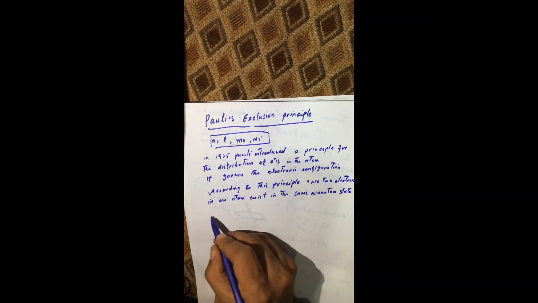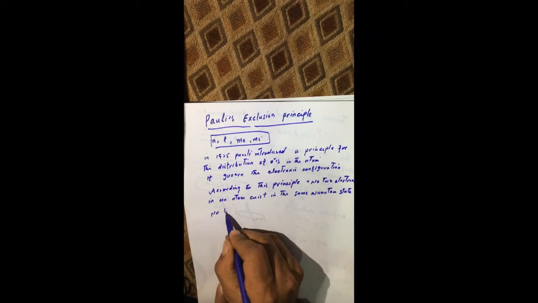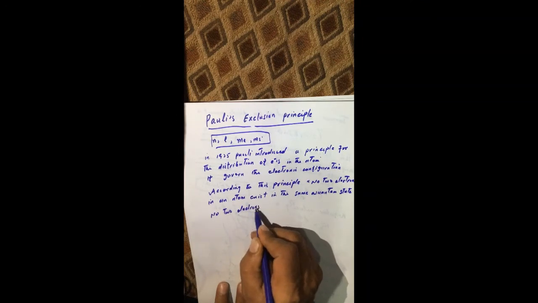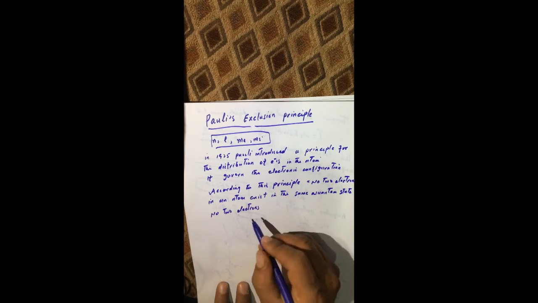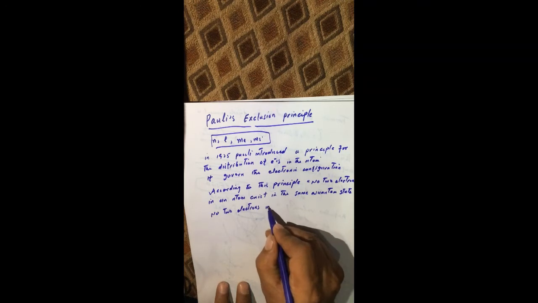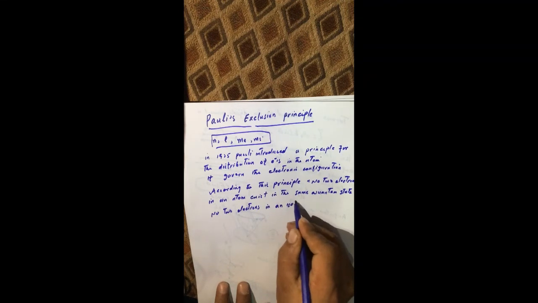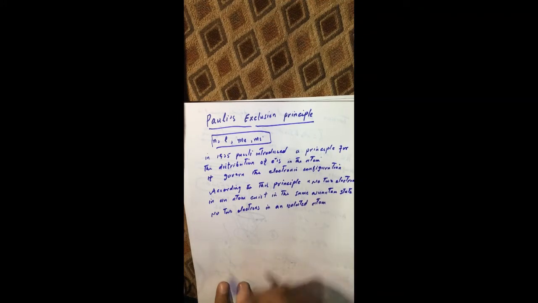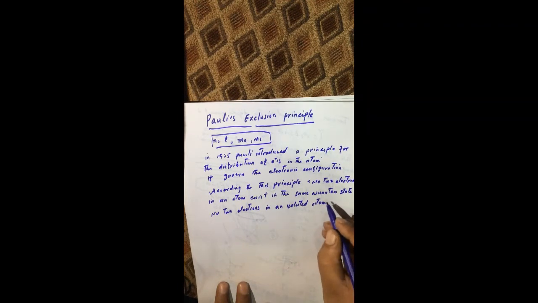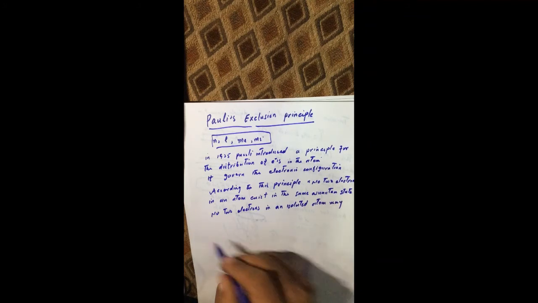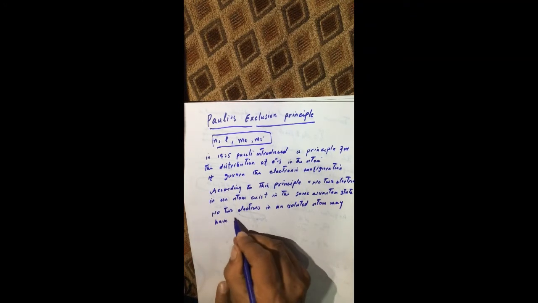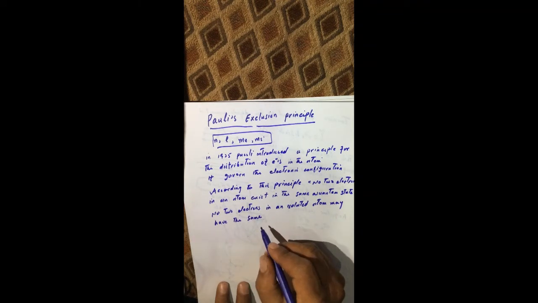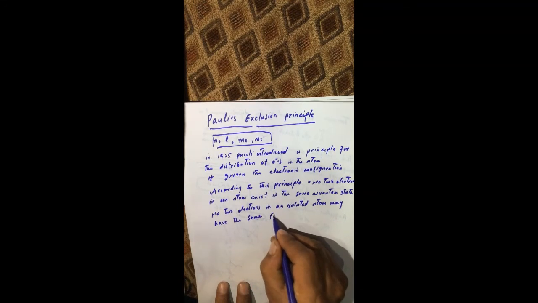It means that no two electrons in an isolated atom may have the same four quantum numbers.